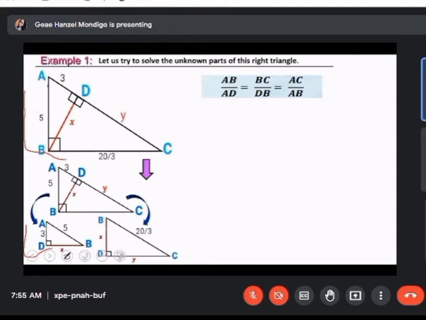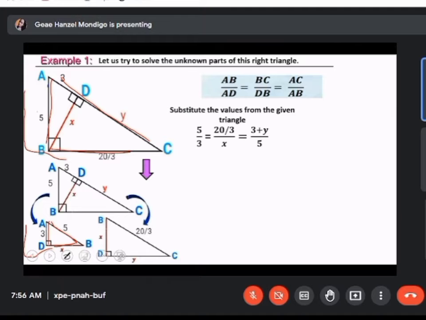So we have this proportion: AB over AD is equal to BC over DB and AC over AB. We are going to substitute all the given values.